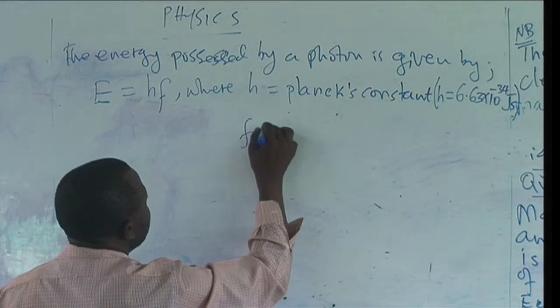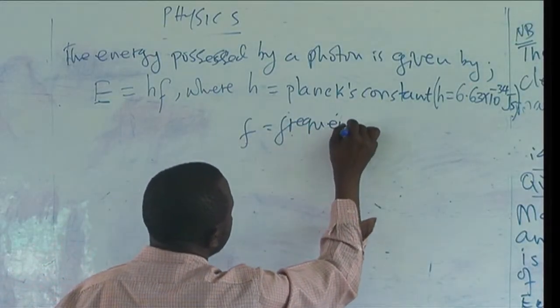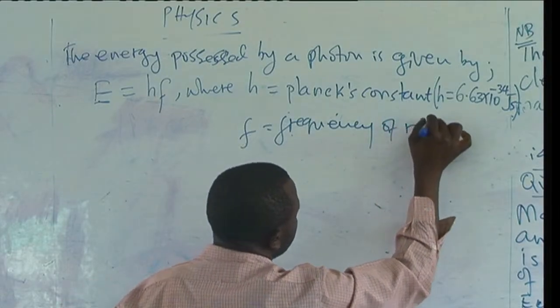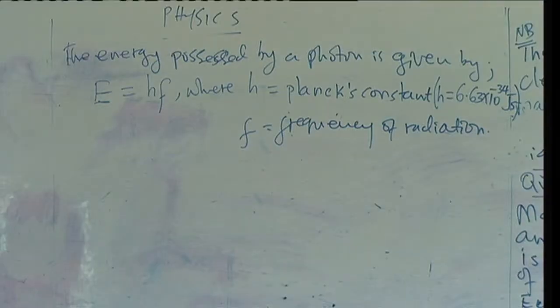Now f is the frequency of radiation, the frequency of that radiation from the source.